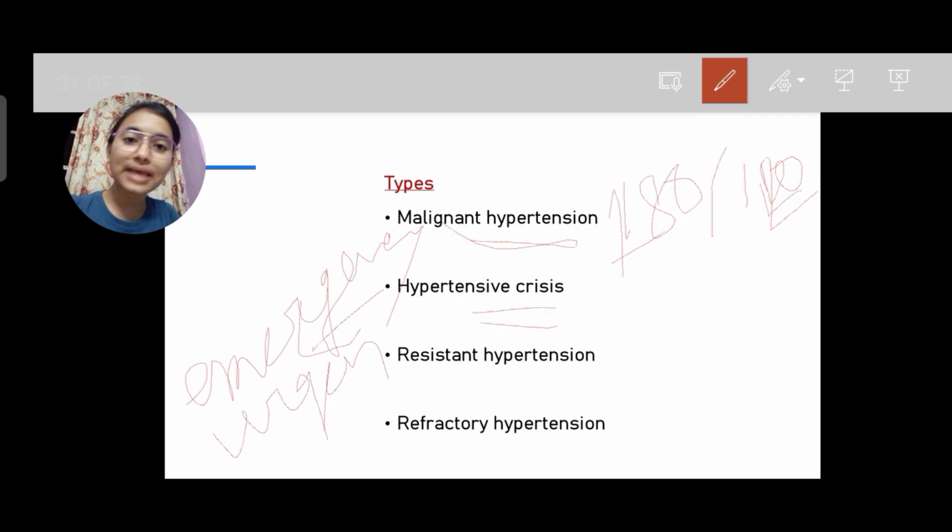So what is emergency? When there is a rise in BP, 180 by 120, with evidence of organ damage. And in hypertensive urgency, there is high BP without any organ damage. So urgency and emergency.